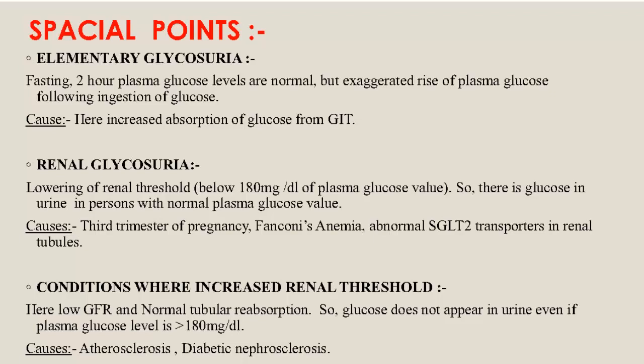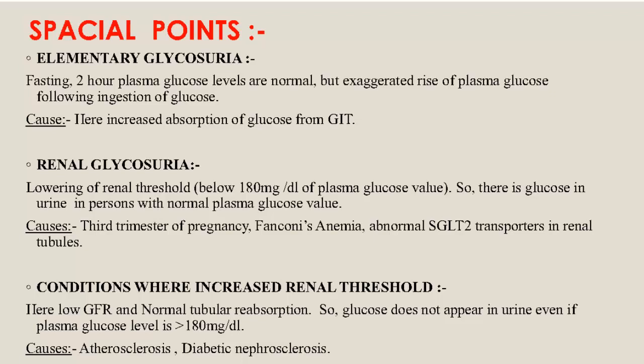Now what are the causes? First of all, the cause is atherosclerosis and the second cause is diabetic nephrosclerosis. Now what is diabetic nephrosclerosis? As a complication of diabetes, renal changes occur, and all the pathological changes in the kidney in diabetes are collectively called diabetic nephrosclerosis. Here the renal threshold is increased.